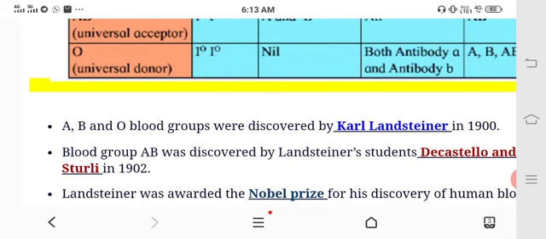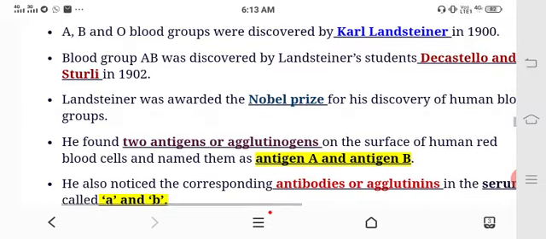Now he found two antigens on the surface of the human RBCs, that is antigen A and antigen B. These antigens are denoted by capital letters A, B. The antibodies are present in the plasma.